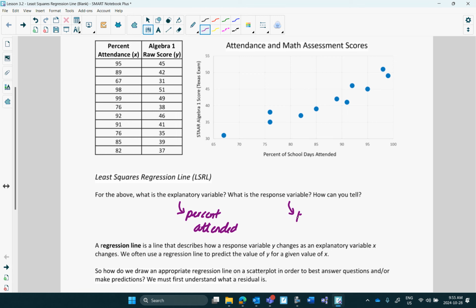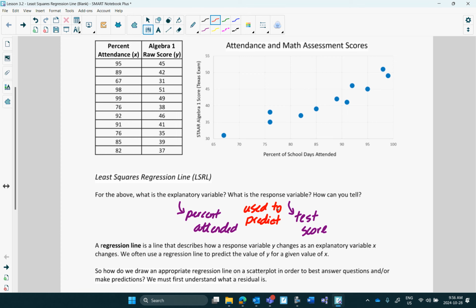That's the test score, right? Because the percent attendance is going to be used to predict the test score if there is such a relationship.